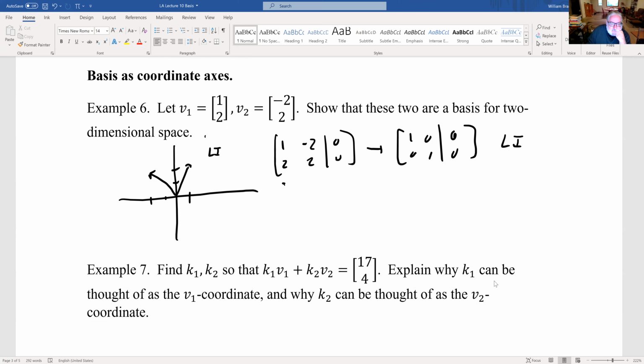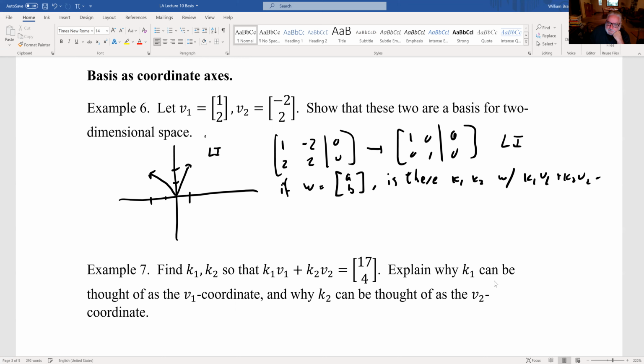Well, if W equals AB, I suppose technically it should be R there, K1 and K2 with K1 V1 plus K2 V2 equal to W. We know how to write these kind of vector equations again as augmented matrices.